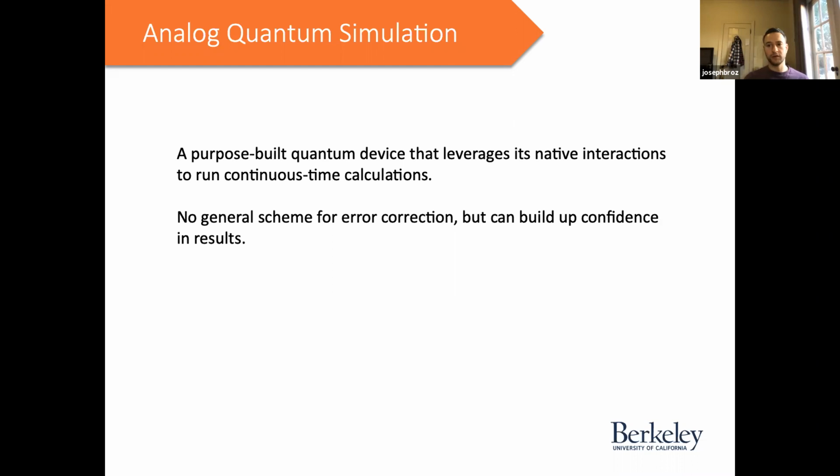And if the results start to coincide, you can build up a lot of confidence. This is really just the way experimental physics has always been done when it comes to precision metrology or anything else. So I just emphasize that.